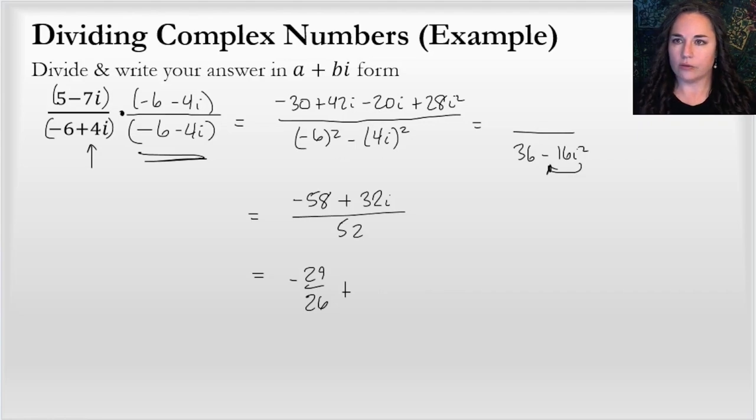I did do some math wrong. This should be 22i, right? Maybe you all saw me do that and didn't say anything because I can't hear you. Okay, so 11i over 26. So that would be the answer to this problem if you're working along. Just a reminder how to do that.